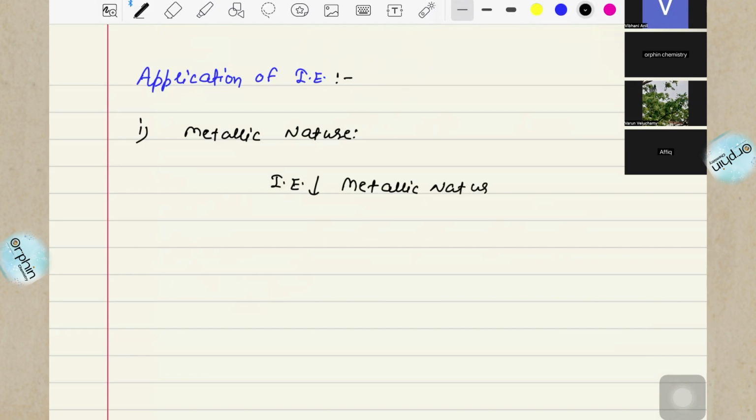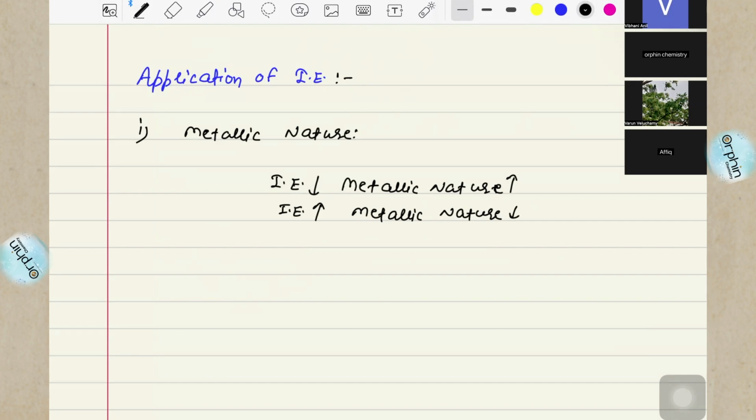Right? Or can we say one thing also? If ionization energy is more, then non-metallic nature is more. Or we can say metallic nature is lesser. At least we can say this. Because if metallic nature is lesser, that simply means non-metallic nature is more.